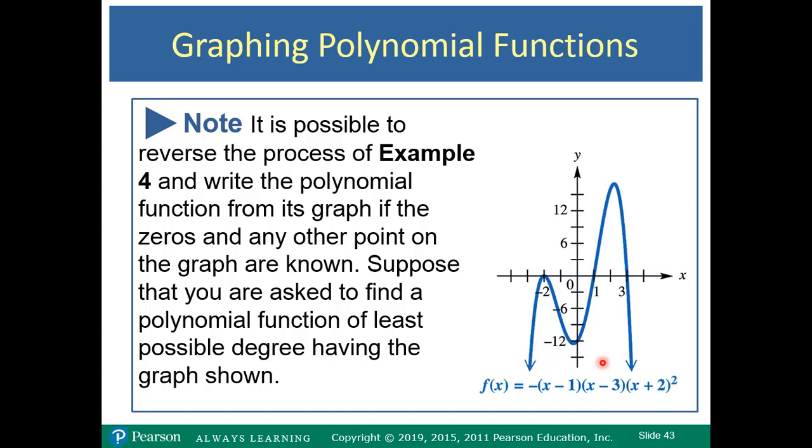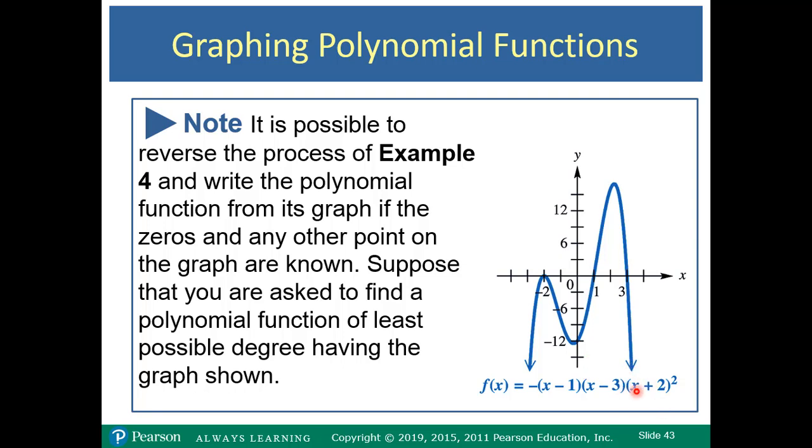Now, what else can we get? Well, we notice that the two end behavior arrows go in the same direction. So we know that the degree of the polynomial has to be even. So do we get an even number? Well, we get 2, 1, and 1. So x squared times x times x gives us x to the fourth. Okay, good, we're good there. But the arrows both point down, which means we have to have a negative leading coefficient.